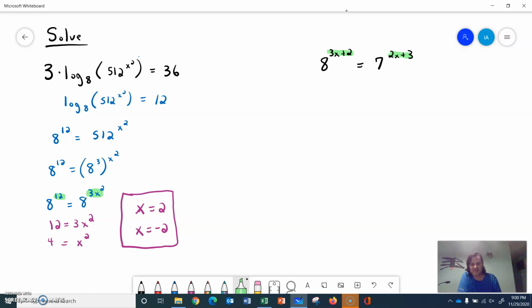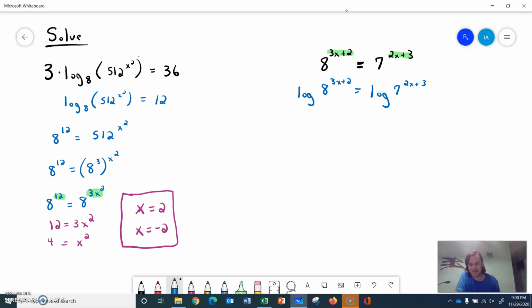But what you can do is, if you have two things that are truly equal, then you can do the same thing to both sides. So I could take the log of the left-hand side, and it'd be equal to the log of the right-hand side, because it's a function and I'm doing the same thing to both. So that'll be log of 8 to the 3x plus 2, and if it's log base 10, then maybe our calculator will help us later, equals log of 7 raised to the 2x plus 3.